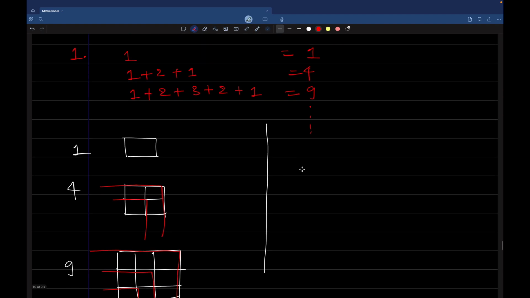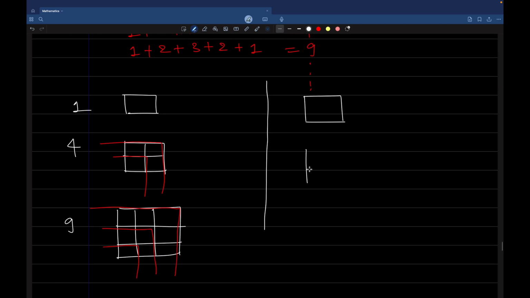Now let us try to draw one more picture. 1 is simply 1 box. Now let us draw for 4.